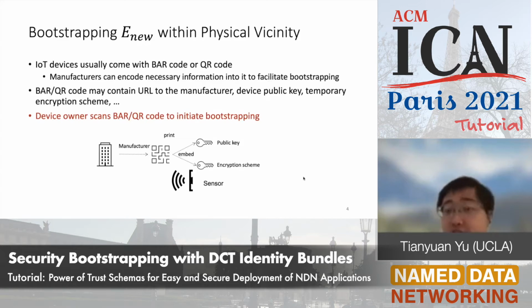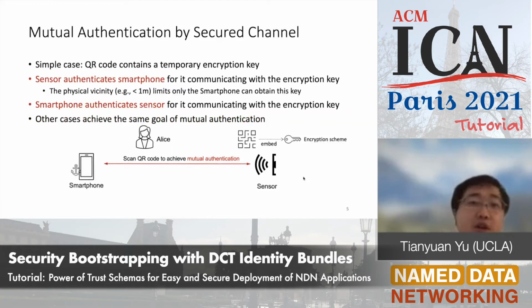For the simplest case, consider that the QR code only contains a temporary encryption key, and this key is for one-time usage and only for the security bootstrapping. The mutual authentication is achieved as follows. First, the sensor authenticates a smartphone, because the smartphone is within, say, one meter, so only the smartphone can obtain this temporary encryption key. Because the smartphone communicates with the sensor using the encryption key, the smartphone is authenticated.